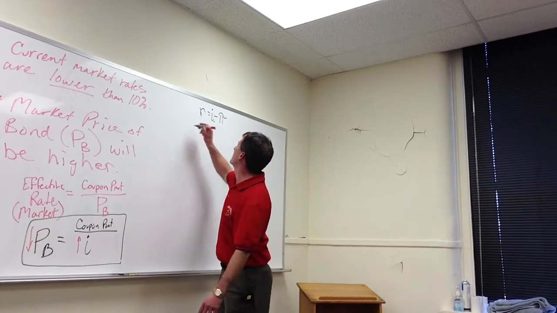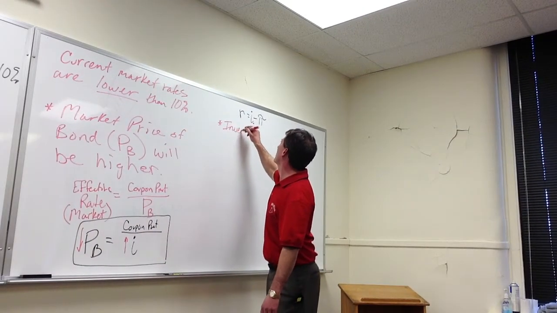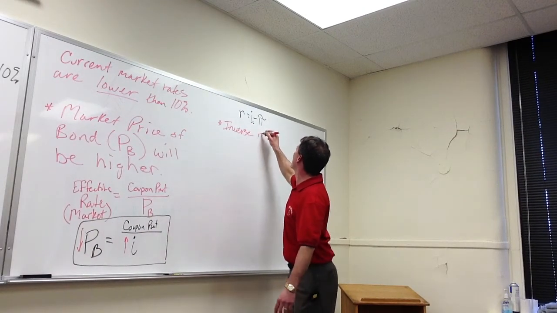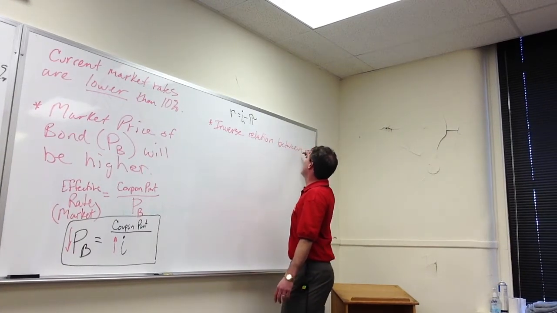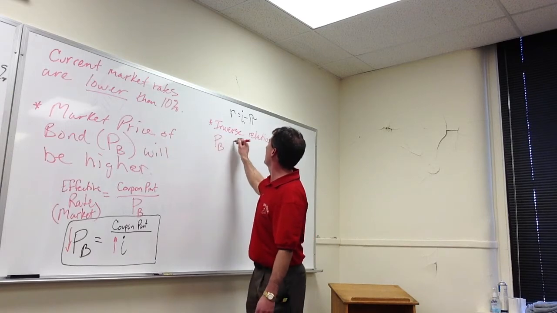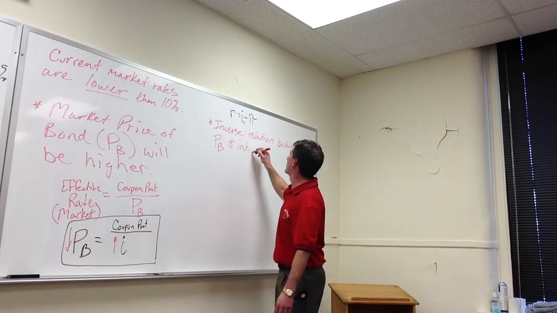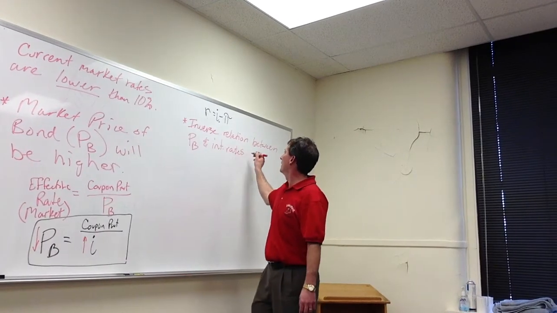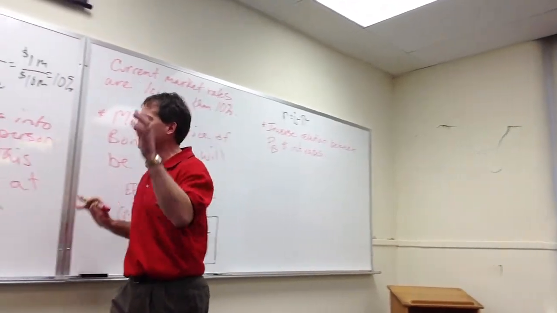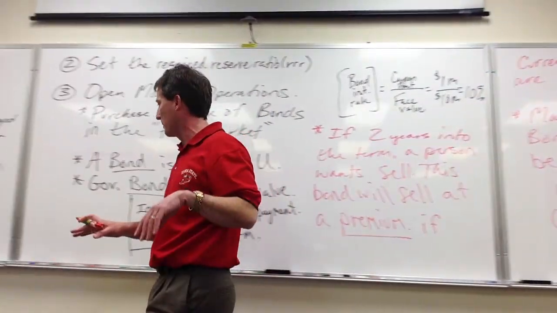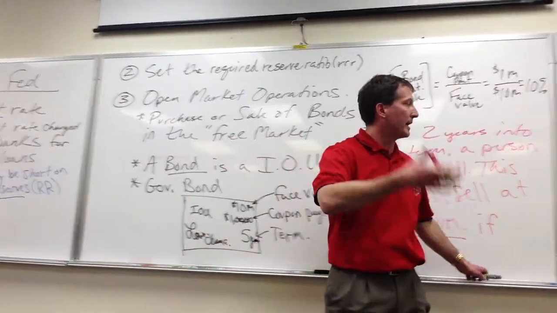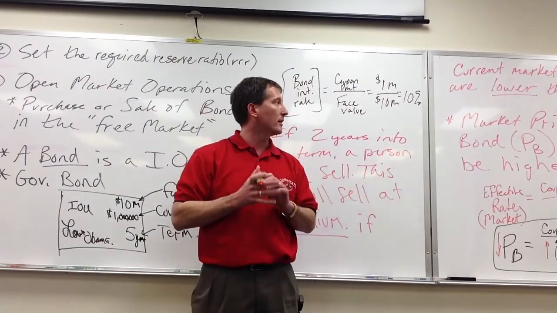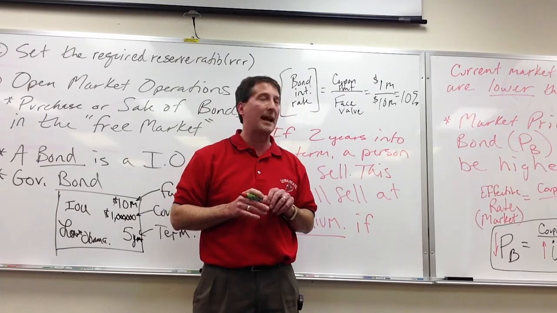And so that is the inverse relationship between the price of the bond and interest rates. If you take other business classes, we're not going to get into details on that, but you may have heard that. You might even hear it in the news media about the price of bonds and interest rates. That has to hold.